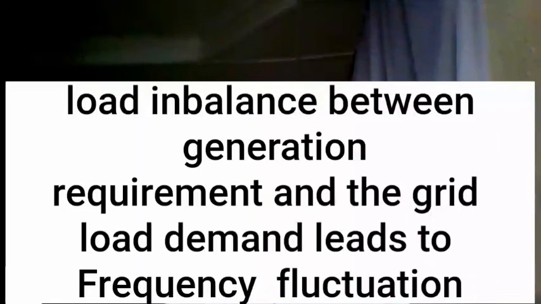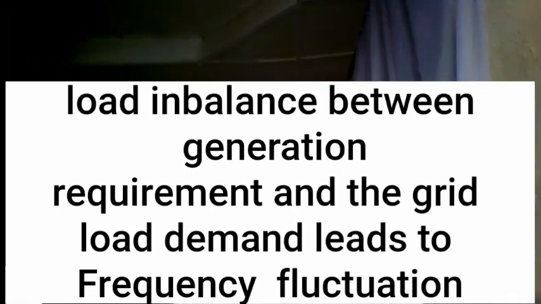So for you to maintain the system grid security and to deliver quality power, you need to control the frequency. If the load demand, as I've said earlier, is increasing and has exceeded the generation, definitely the frequency will drop, and we need to control it.